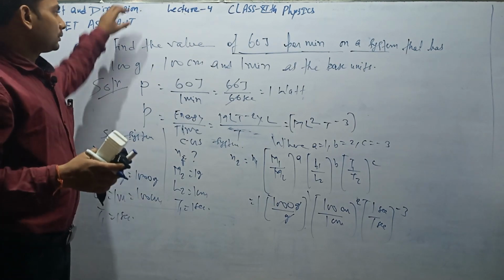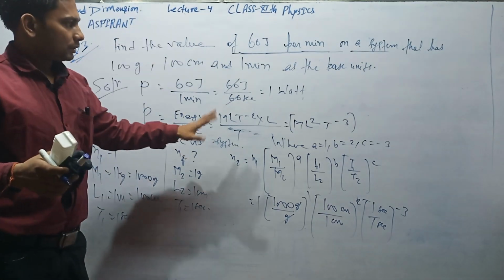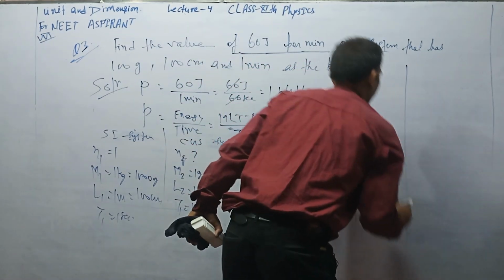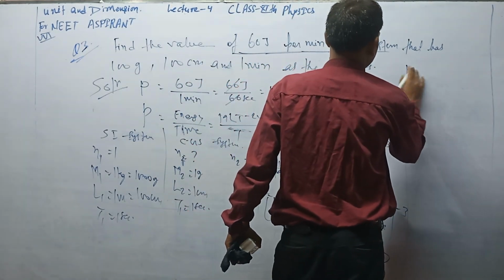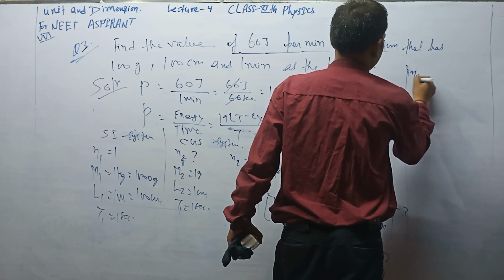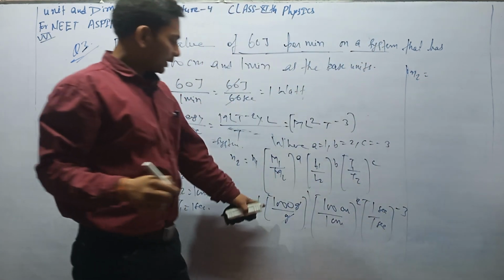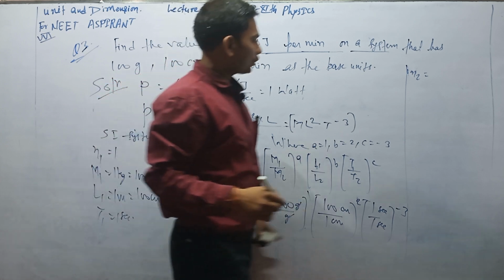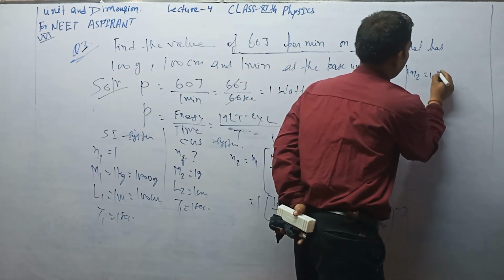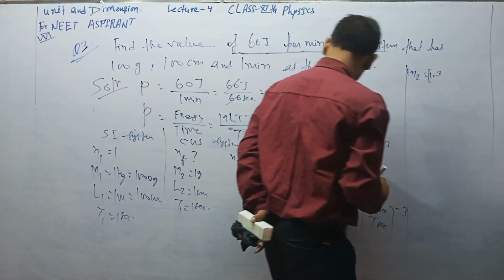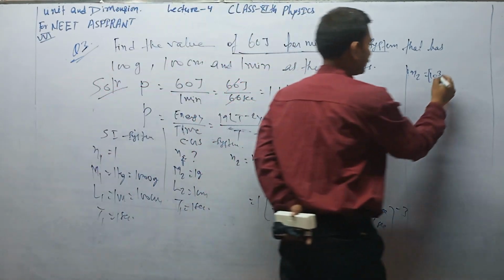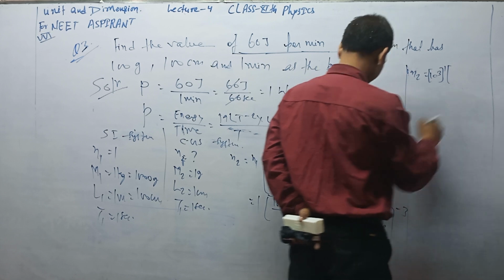In this question here also N2 is equal to 10 to the power 3 whole to the power 1. I will write it as 10 to the power 3 whole to the power 1.